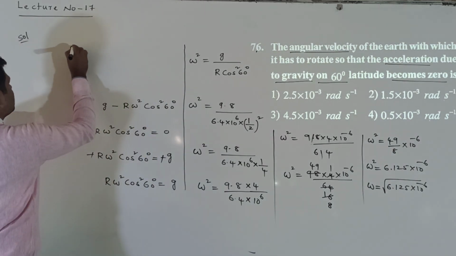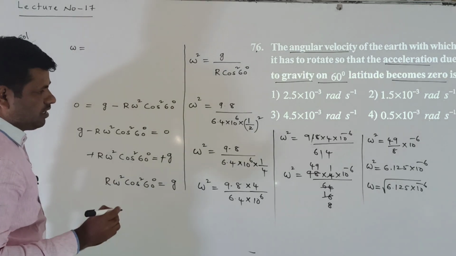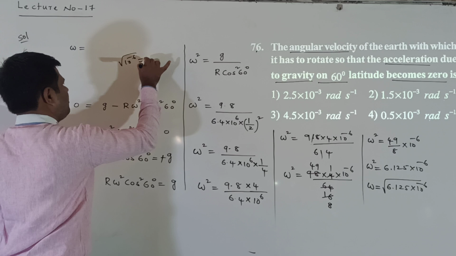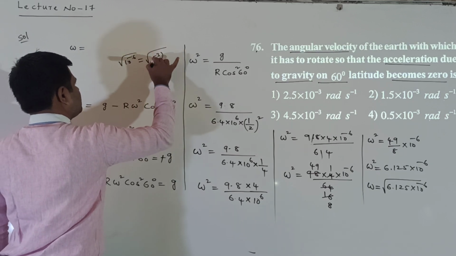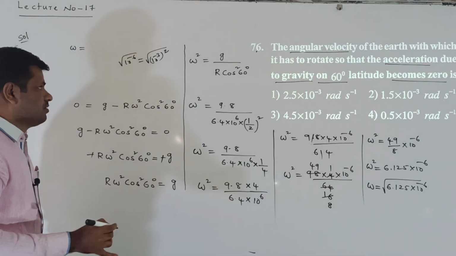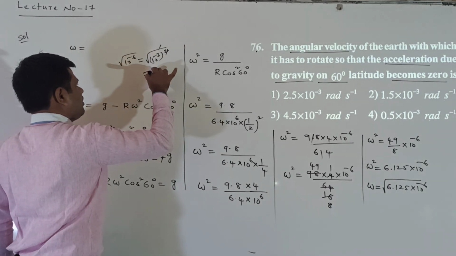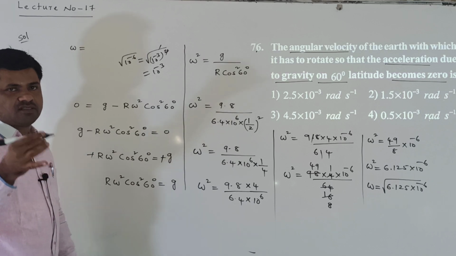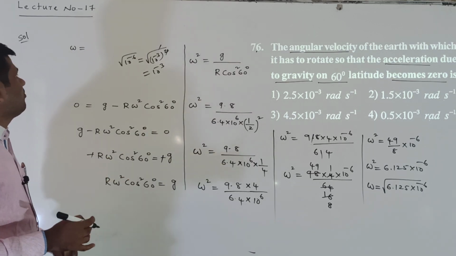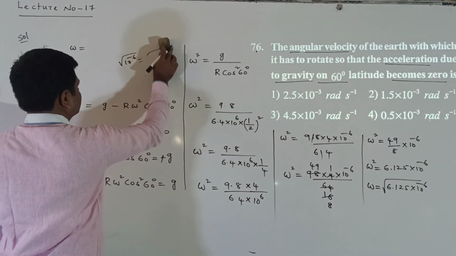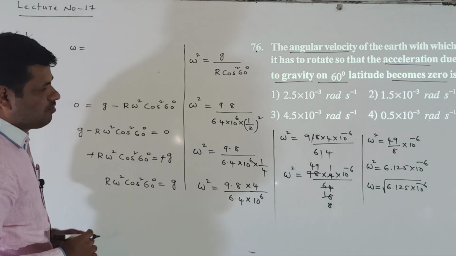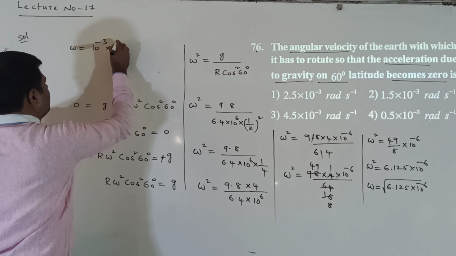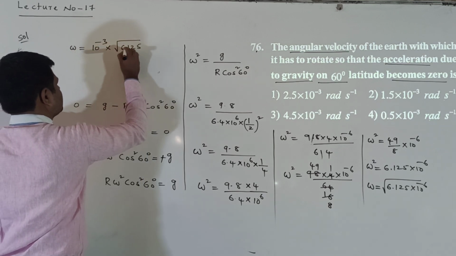Root of 10 power of minus 6 can be written as root of 10 power of minus 3 whole square. The square root cancels the square, and 10 power of minus 3 remains outside. So omega is equal to 10 power of minus 3 into root 6.125.